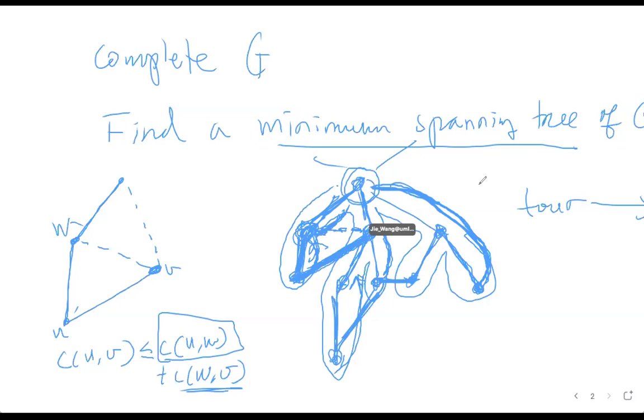Now, we say that this edge is also, this is CU and then CWV is smaller than, because you do this twice now, is smaller than CWZ plus CZV.